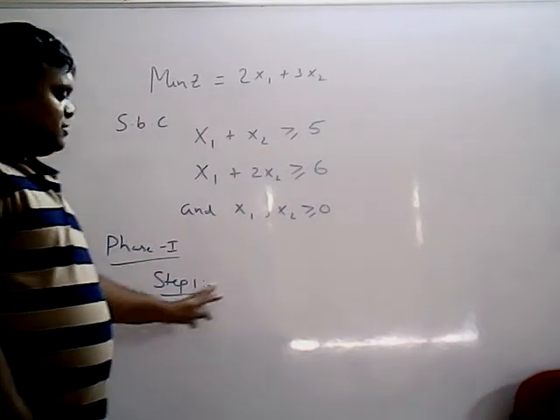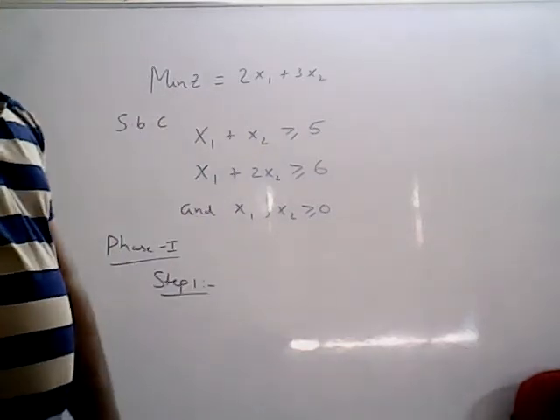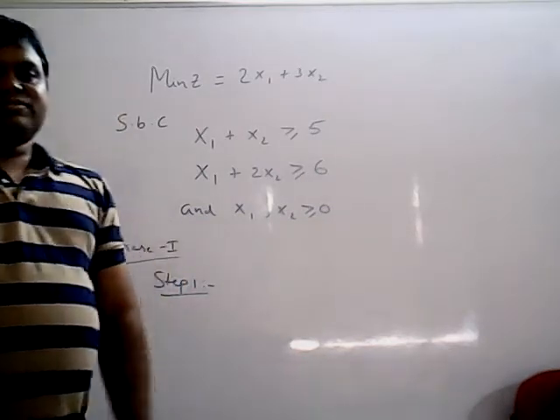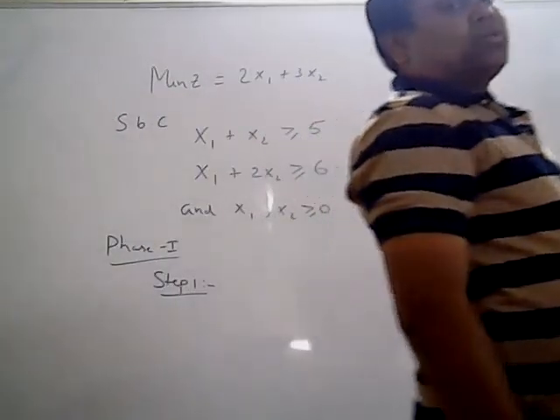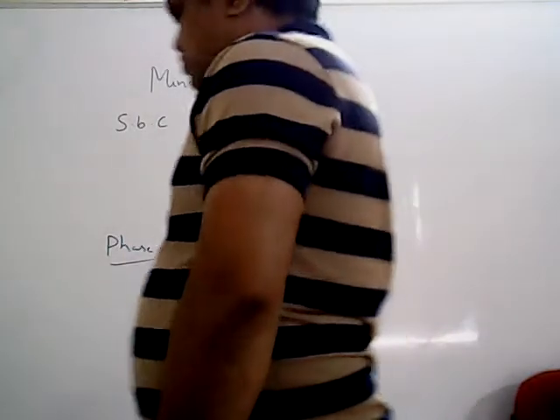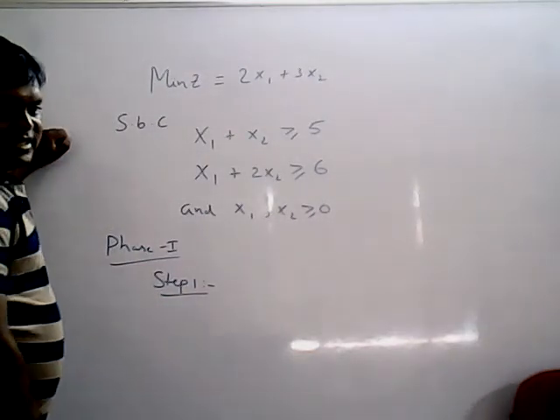Step number 1: the objective function is minimization, so convert minimization into maximization by using the relation.